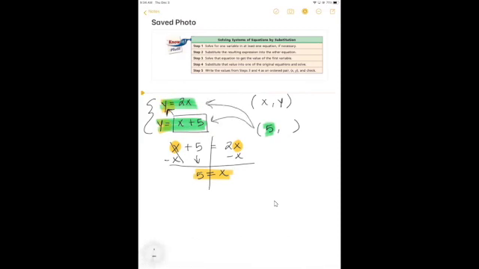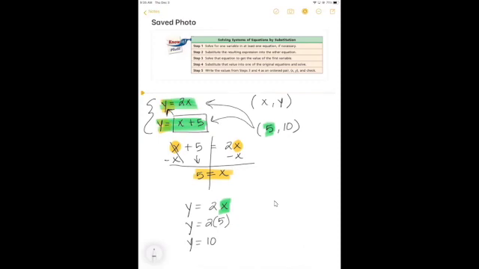You can do the first one or the second one. Y equals 2x is the one I'm going to choose. And I am going to substitute x with 5. So y equals 2 times 5, and 2 times 5 is 10. So y equals 10, and that is the solution to this system.